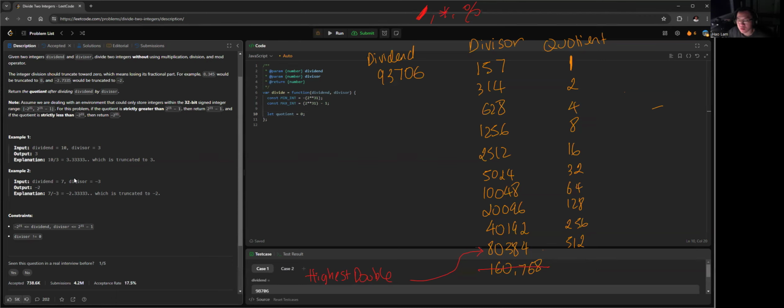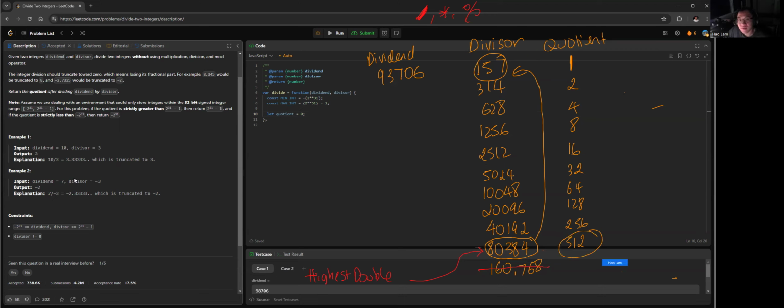Okay, so it means that if we have this number divided by 157, we will have exactly 512.